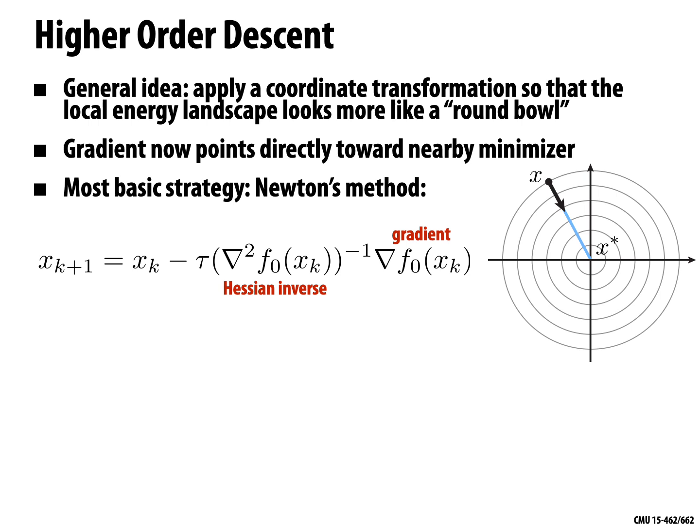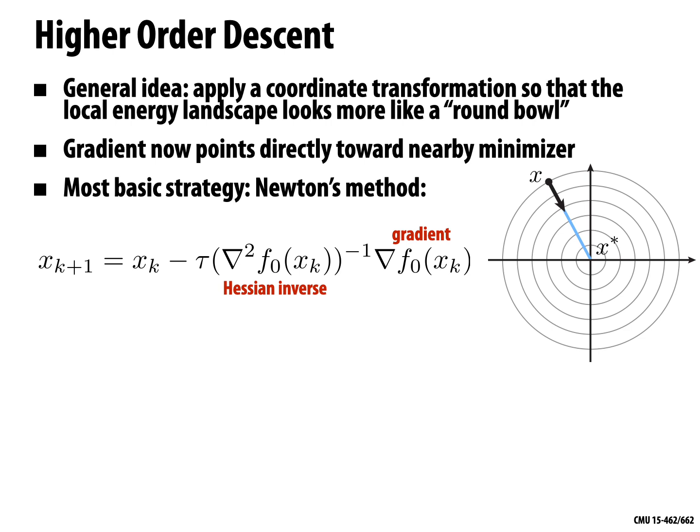This strategy isn't perfect because the Hessian at x and the Hessian at the minimizer x star are going to be a little different. But as we get closer and closer to the minimizer, we get closer and closer to transforming our problem into this perfectly round bowl. And in fact, as we approach the minimizer, we're going to get really, really rapid convergence.